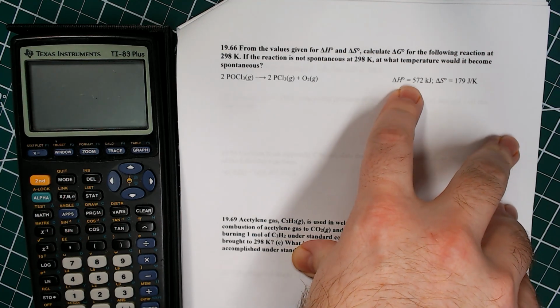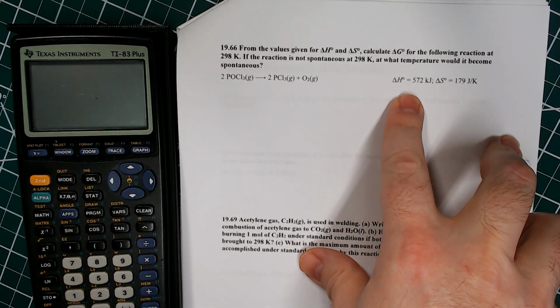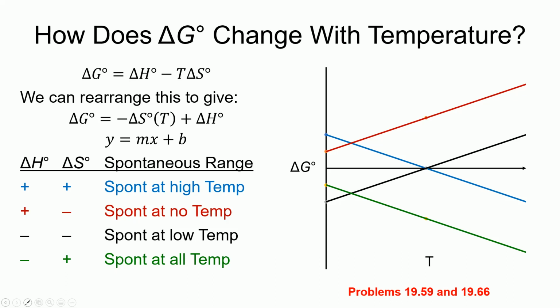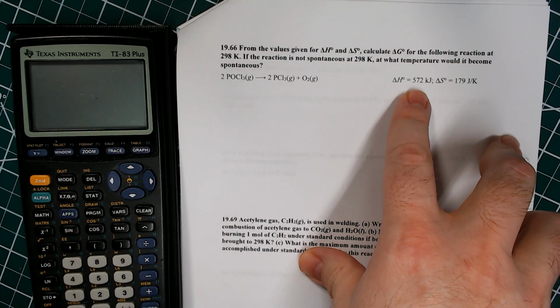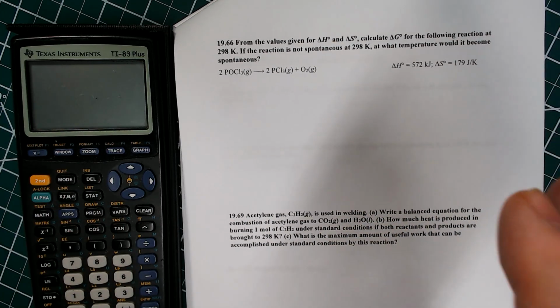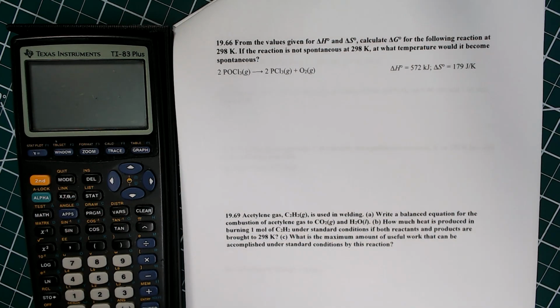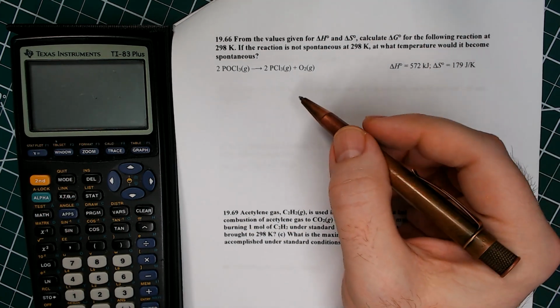And with positive, positive, I'm going to go back here. You'll see with positive, positive, that's an example of a reaction that is spontaneous at high temperatures. So let's see if 298 is a high enough temperature for this reaction to be spontaneous in the forward direction.